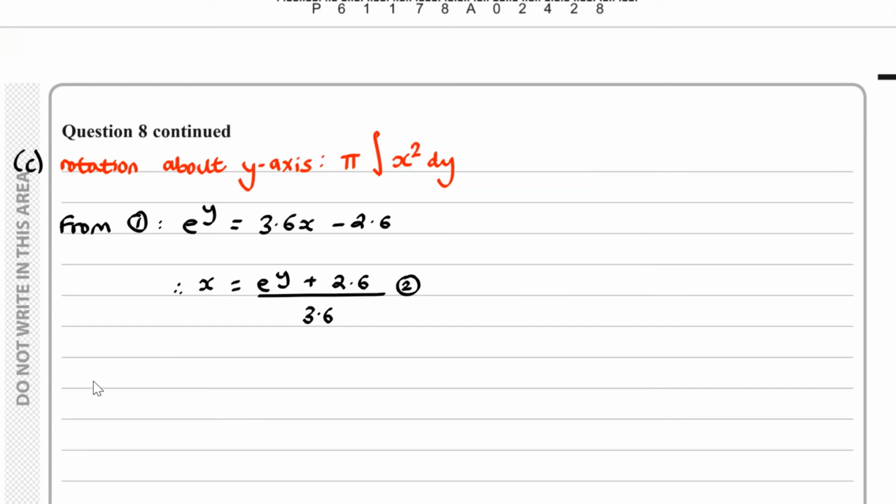So we can see that the volume is equal to pi lots of the integral from 0 to h of this thing squared. So we have (e to the power of y plus 2.6) over 3.6, squared dy.